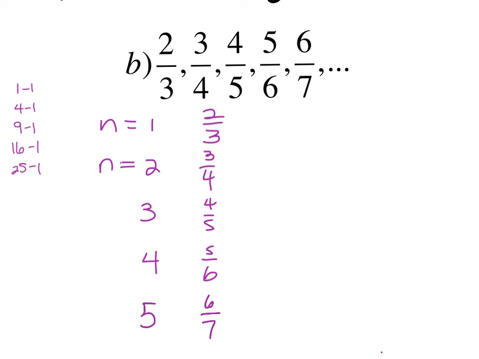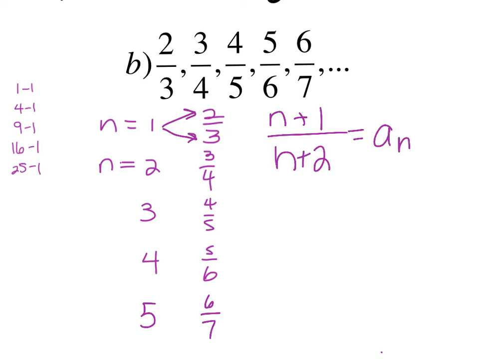Oh, so close. To get from 1 to 2, this one I'd have to do what, and this one I'd have to do what? The n plus 1 would be in the top, the n plus 2 in the bottom. So that would be 2 to 3.